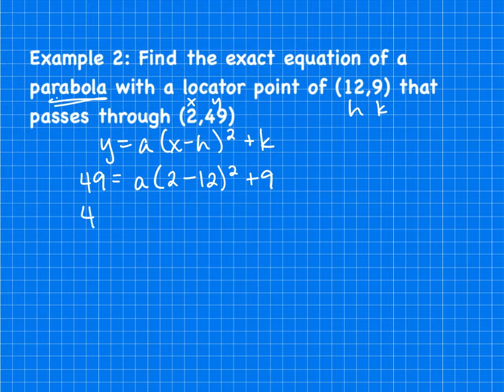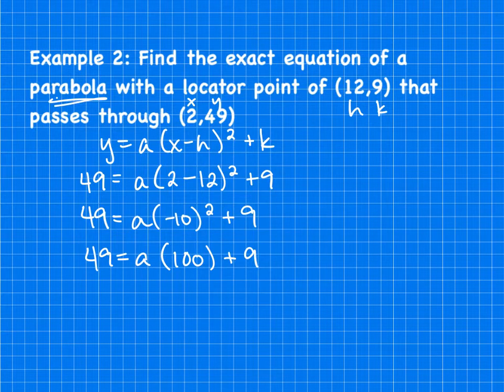So 49 equals a times negative 10 squared plus 9. Negative 10 squared is a positive 100. Make sure you are smarter than your calculator in this case. And then minus 9 from both sides. So we've got 40 equals a times 100.